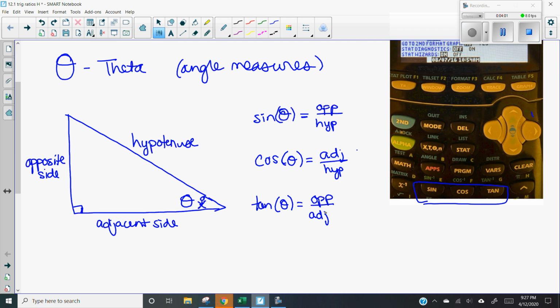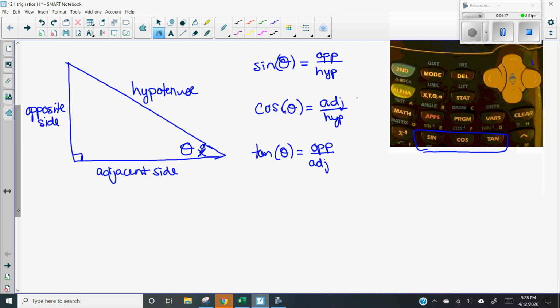The sides that you're using and the order in which they show up depends on which trig function you've picked, sine, cosine, or tangent. Now, to help us remember that, because it is worth your time just memorizing how these look, how they are defined, we have this little shortcut that we use, this little tool. We're going to pull some of the letters off and write out this little phrase that maybe you've heard before. So from the first equation here, I'm going to take the S from sine, the O from opposite, and the H from hypotenuse.